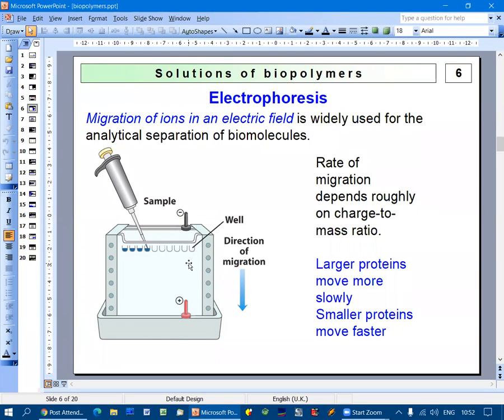And moreover, if you have a sample of a protein with well-known structure, by comparing, this method can be used for identification of proteins.